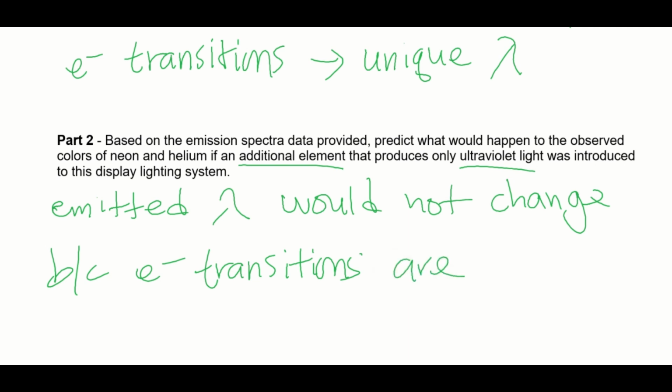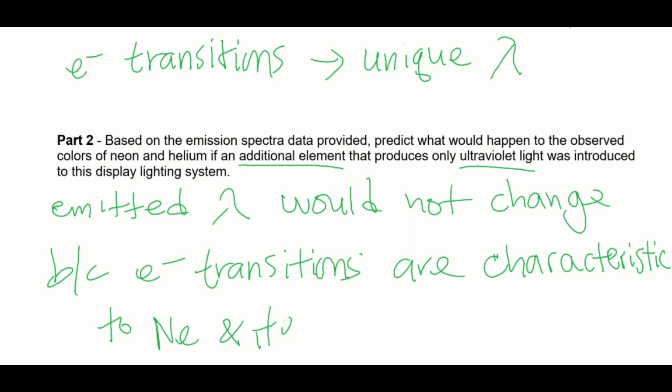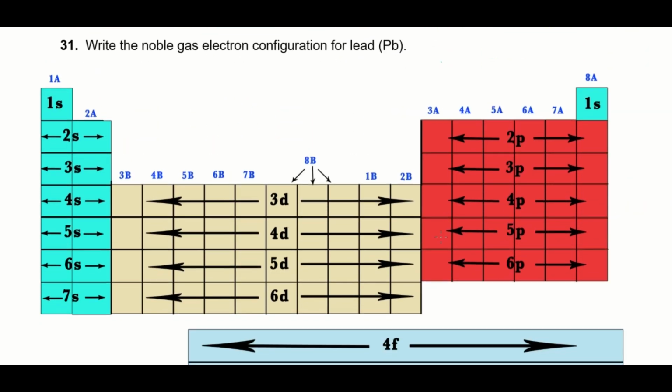Are characteristic to neon and helium, right? So those electronic transitions for neon and helium are not going to change because you add another element.